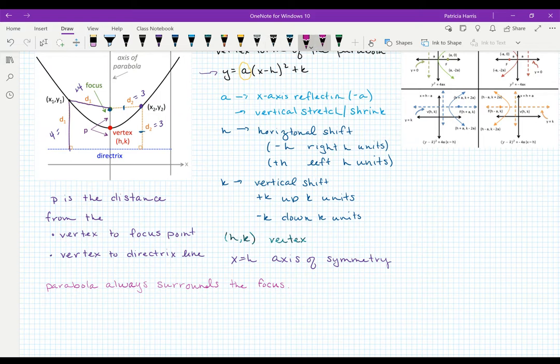And then the parabola will always go away from the directrix line.